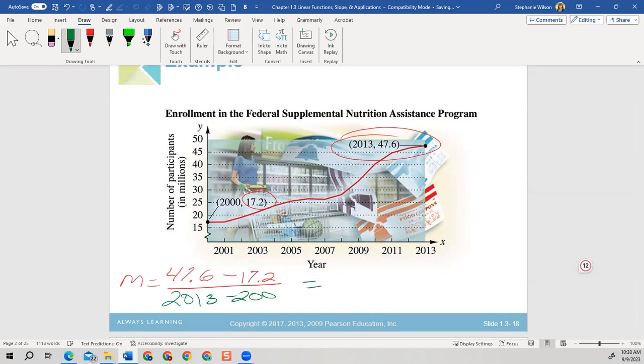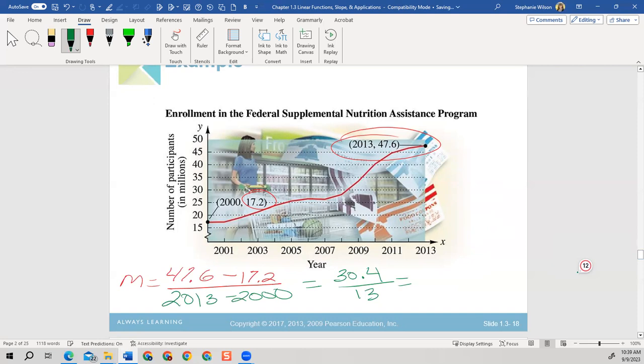So in the numerator, I got 47.6 minus that 17.2, which gives me a decimal, but we're going to just leave it in that format for right now, which is 30.4 over, and then 13 is my denominator, right? 2013 minus that 2000. So now I'm going to divide the 30.4 by 13.